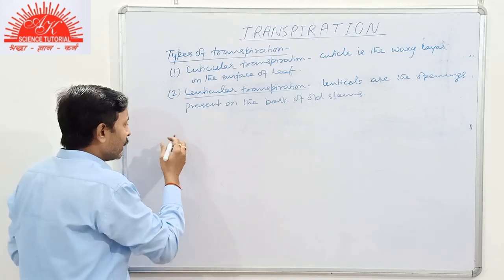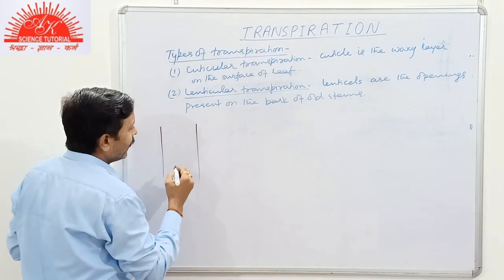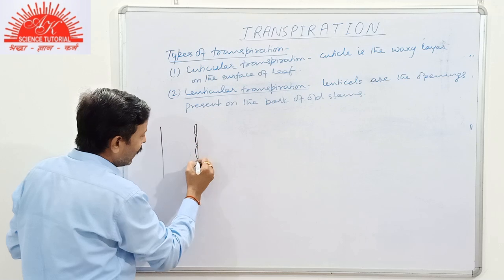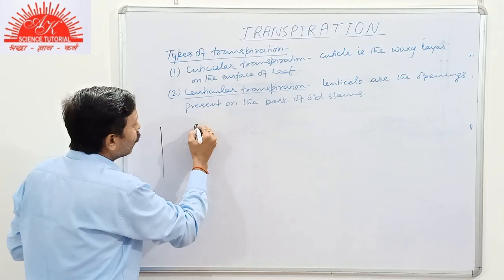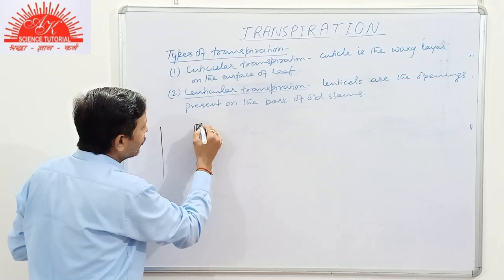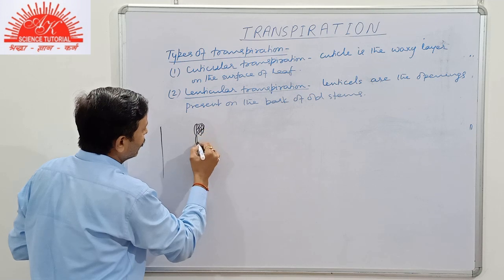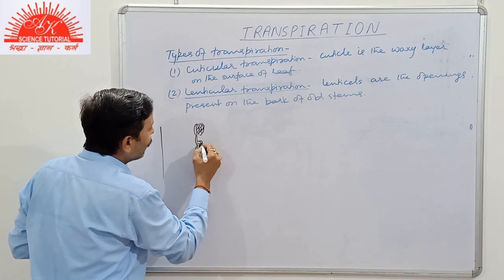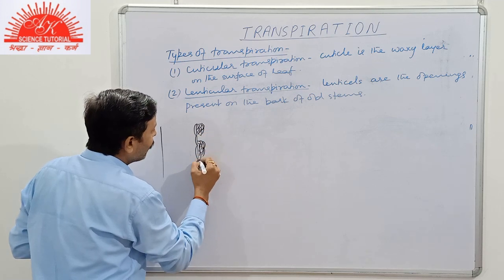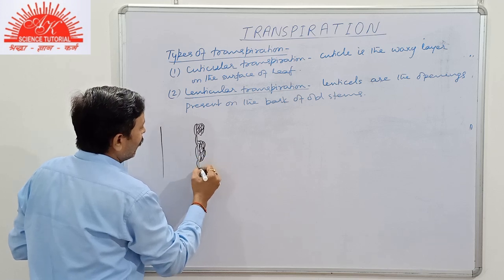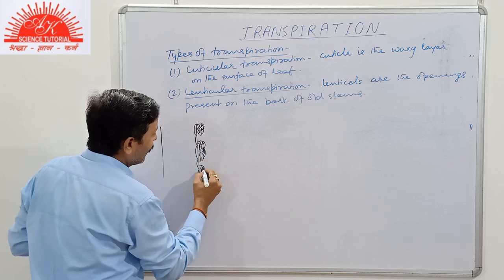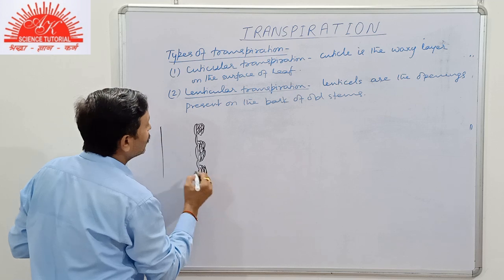What are actually lenticels? If we study the diagram of the stem, here is the epidermis layer. Over the epidermis layer there is a thick layer of dead cells. As the upper layer of cells dies, some excretory wastes are also deposited.